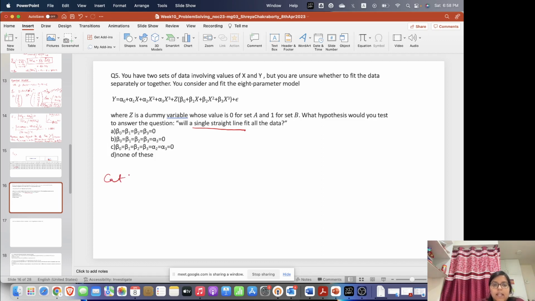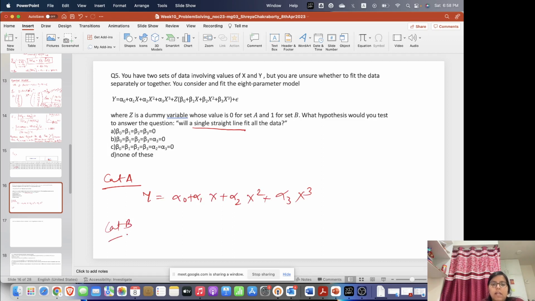So for category A, all z's would be 0. So our model will be alpha naught plus alpha 1 x plus alpha 2 x square plus alpha 3 x cube.